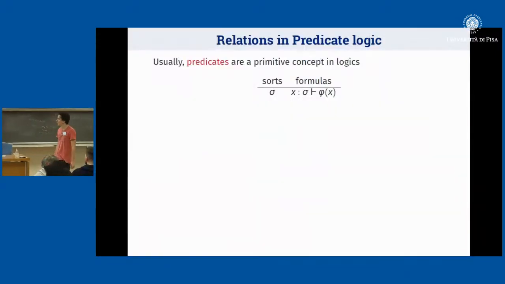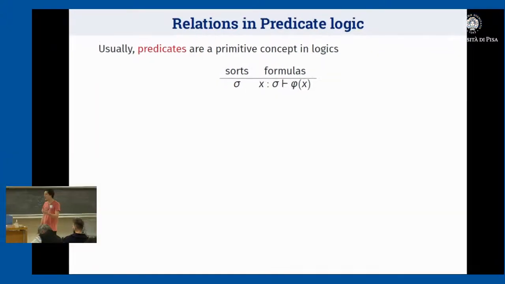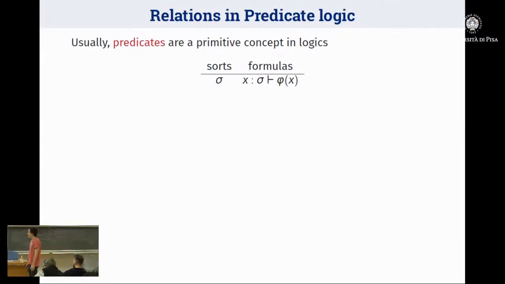So let's start from the very beginning. In usual predicate logic, the basic notion is that of a predicate or a proposition of some sort, basically unary predicates. From a semantic perspective, they can be thought of as subsets of a given set.